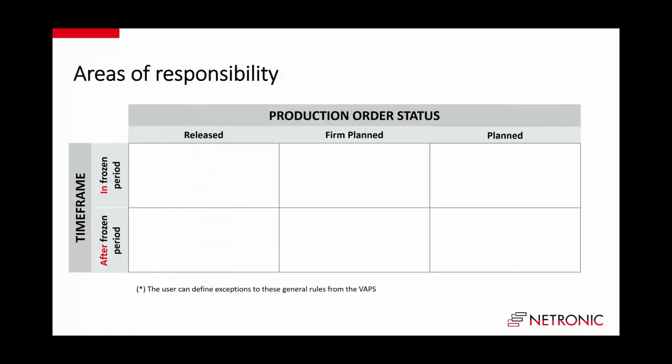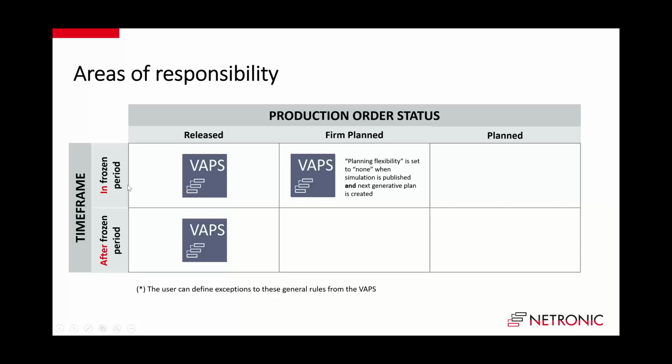So this allows us to draft a matrix like this, where we look at the time frame, after the frozen period and within the frozen period, and where we can differentiate production order statuses. With released production orders, the VAPS is in charge. With firm planned production orders, once they are in the frozen period, the VAPS is in charge.